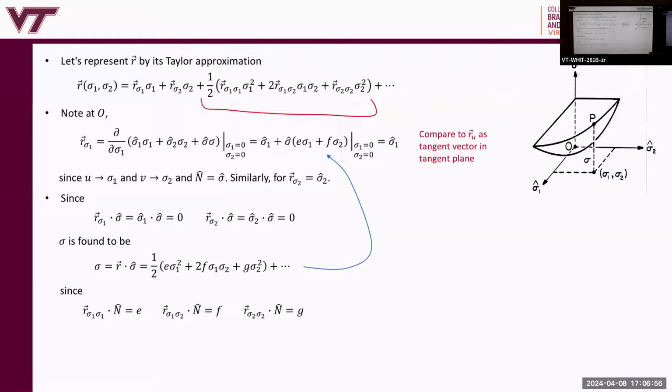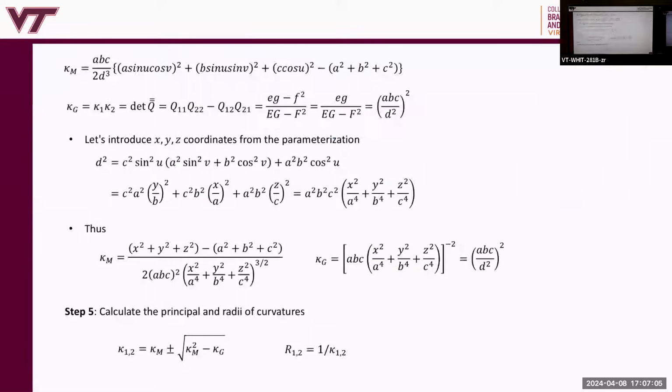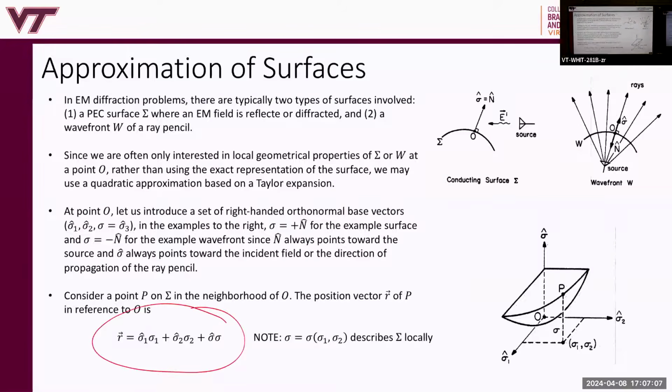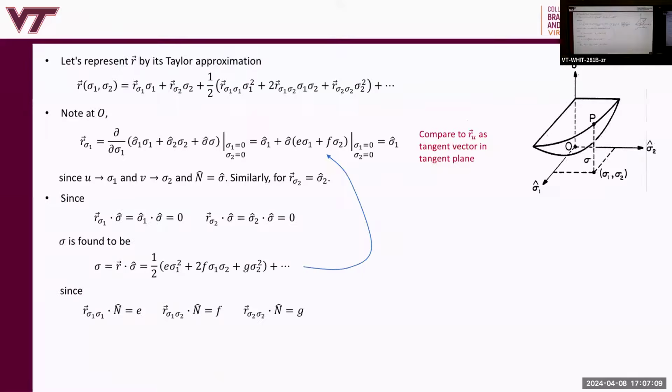Okay, so r of sigma 1, what is that? That's the derivative of r with respect to sigma 1. But our r is now based on this kind of parameterization instead. So that's going to give us the derivative with respect to sigma of this, evaluated at sigma 1 equal to 0, sigma 2 equal to 0, because we're doing the expansion about the point 0, 0.